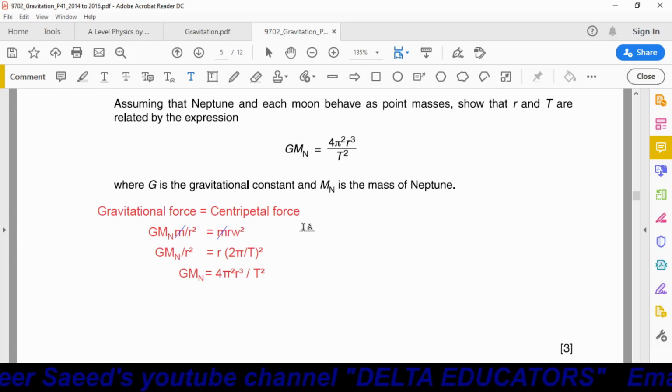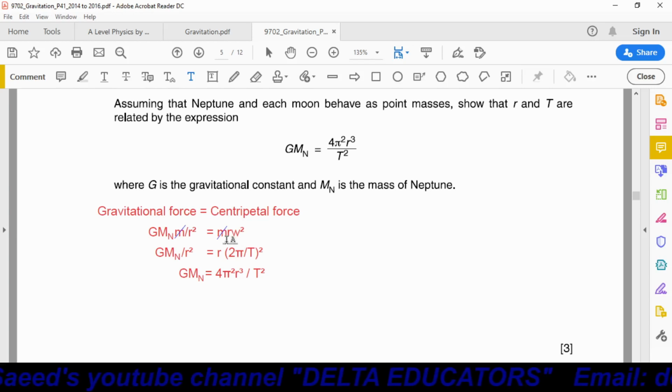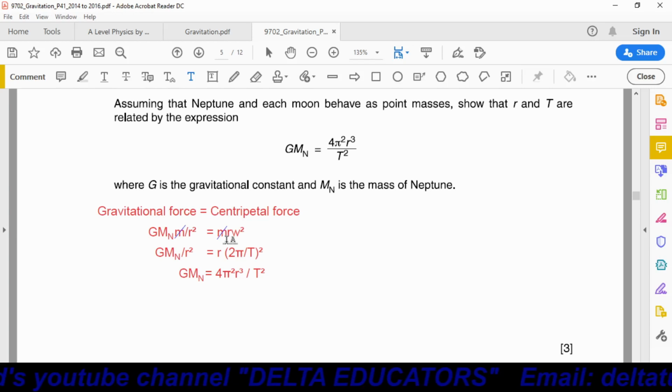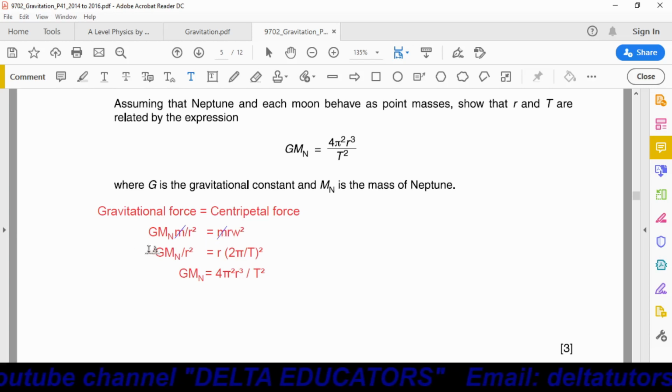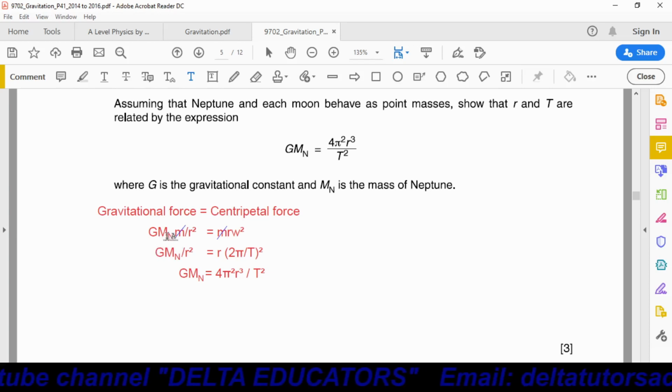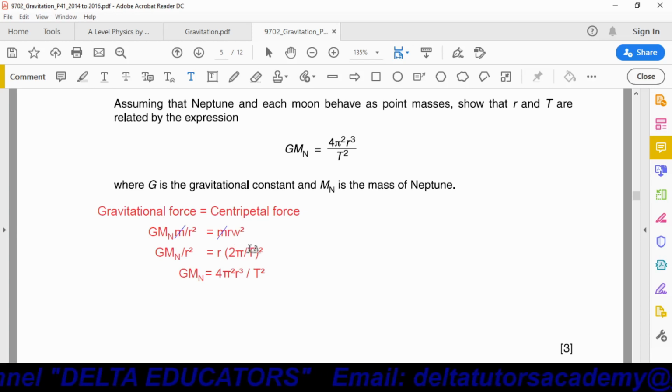Centripetal force is given as m r omega square. Also here, small m is the mass of the moon. Now this small m will be cancelled out, and after cancelling we will get G Mn over r square is equal to r omega square. Omega is angular velocity, and angular velocity is equal to 2 pi over t.